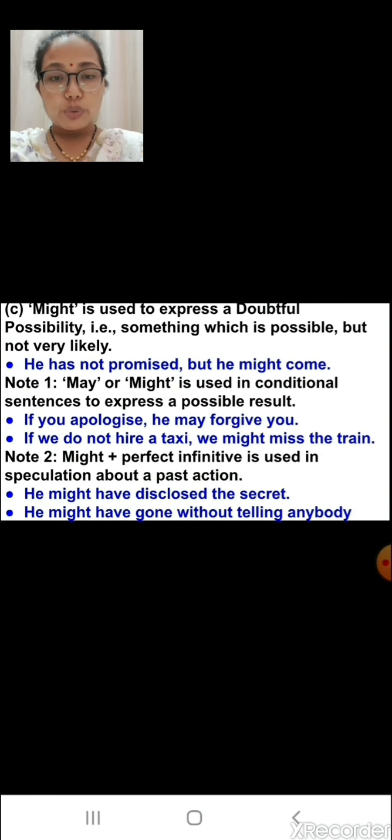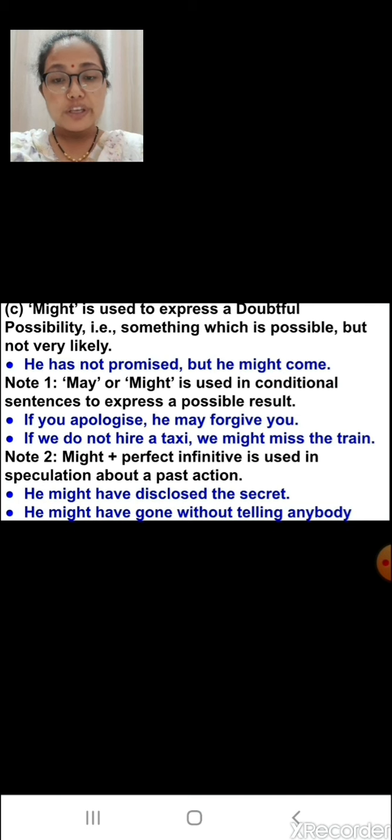Might is used to express a doubtful possibility, that is, something which is possible but not very likely. For example, number 1, he has not promised, but he might come. May or might is used in conditional sentences to express a possible result. For example, if you apologize, he may forgive you.